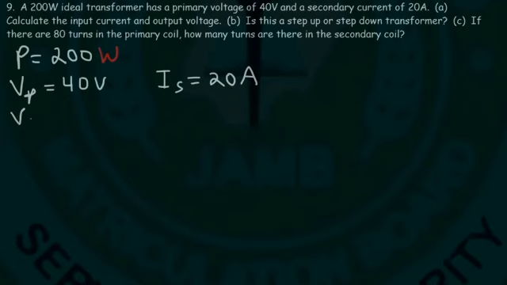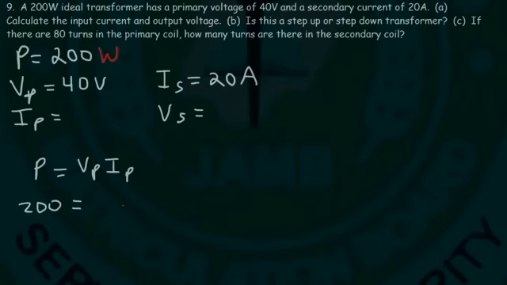So what is the secondary voltage? And what is the primary current? So power is equal to voltage times current. The power is 200 watts. The voltage at the primary coil is 40, so we could solve for the primary current.